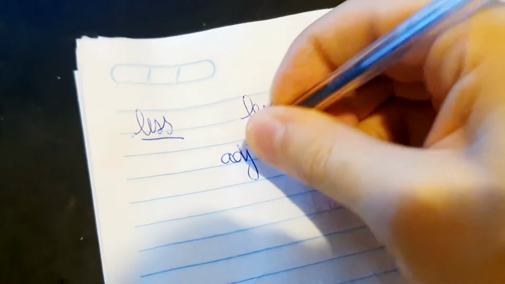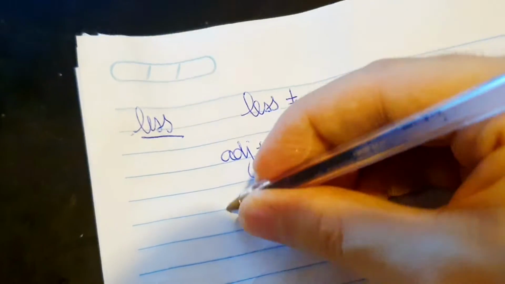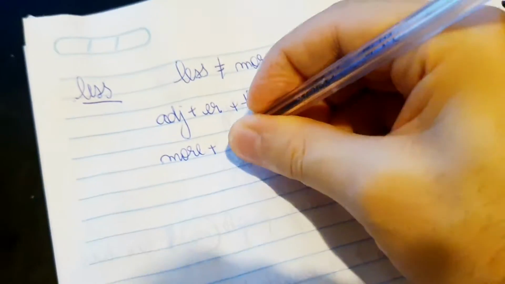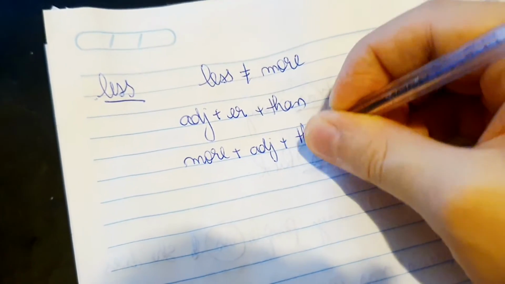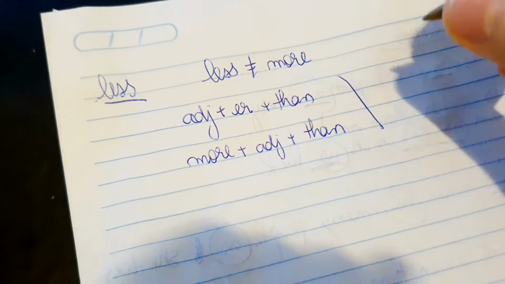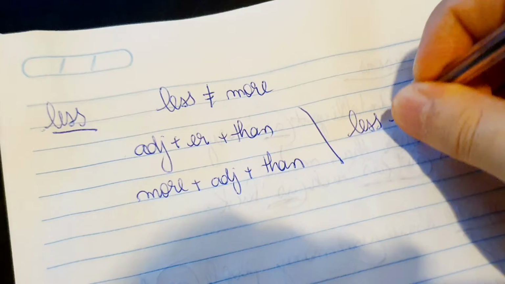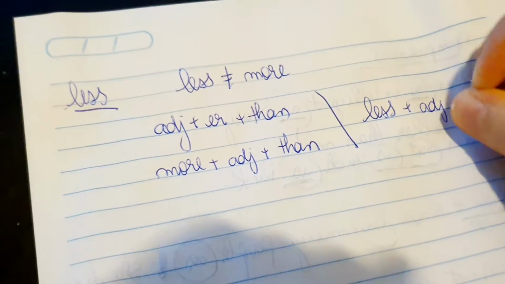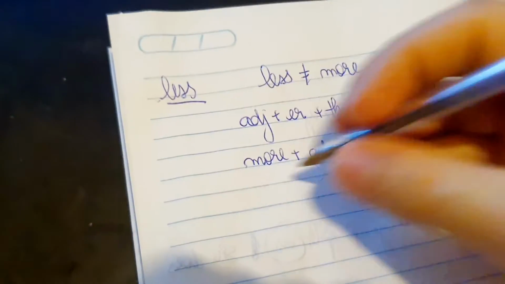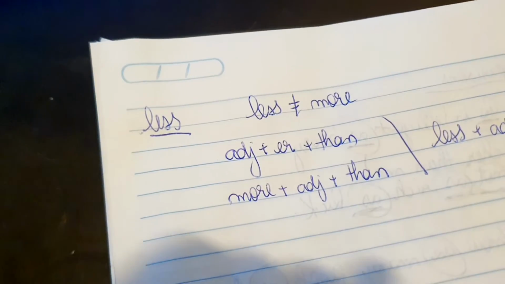So while in the comparison of superiority, we have the adjective followed by er plus than, or we have more plus adjective plus than. The comparison of inferiority, we have less plus adjective plus than, right? So it's very easy. Let's see some examples, okay?